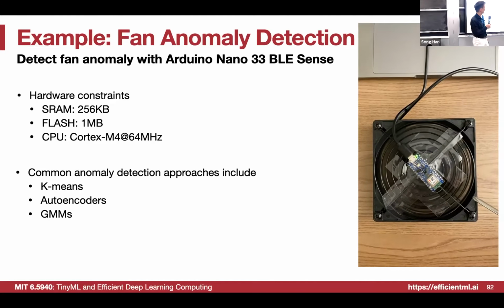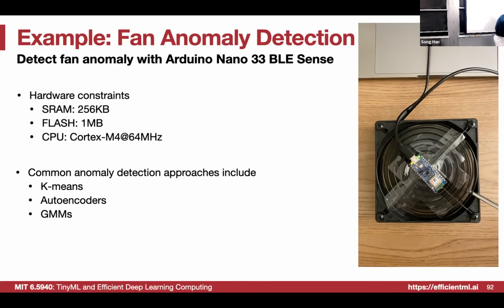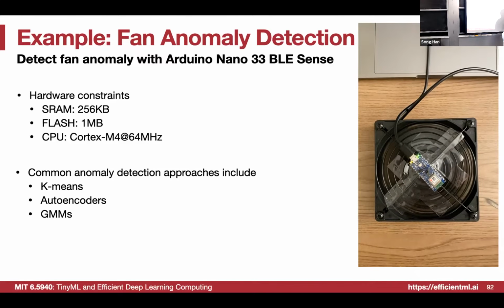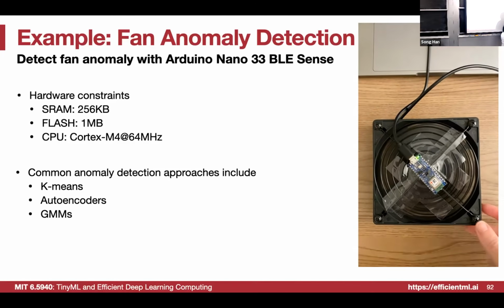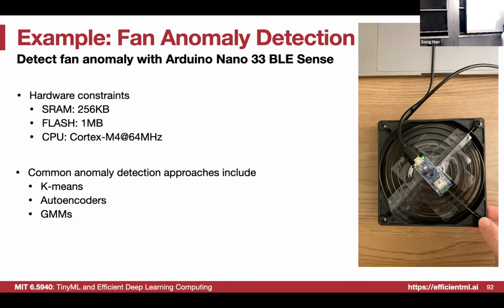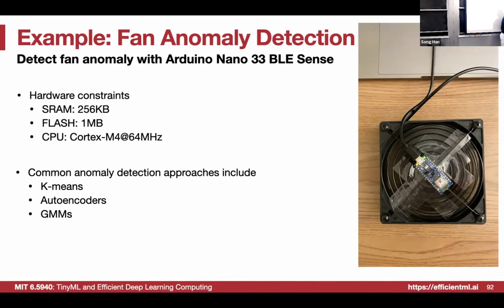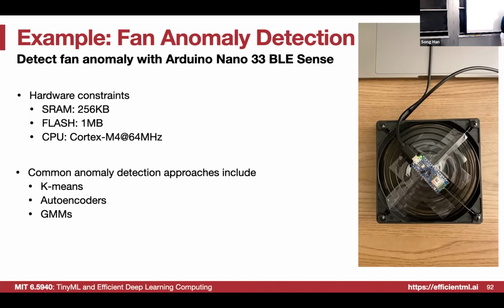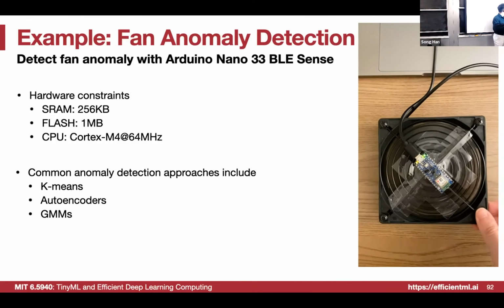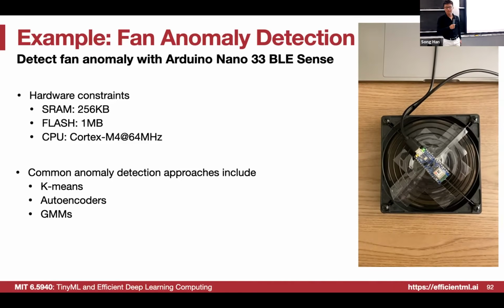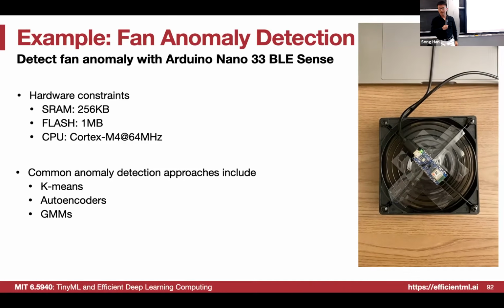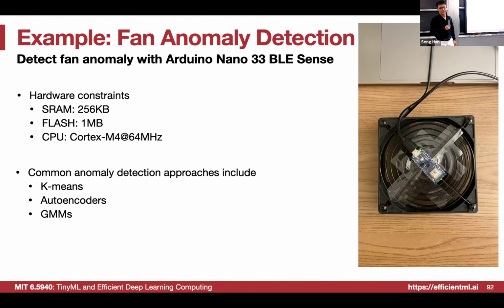Normal case. Real light lights up. What's the input for the anomaly detection?